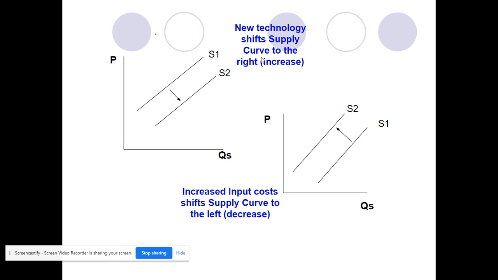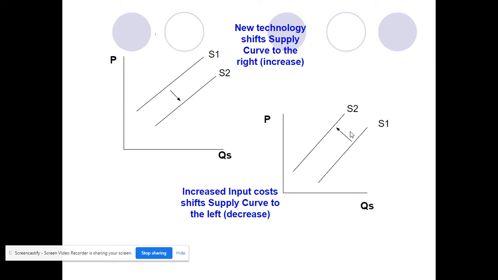Tech helps decrease the cost. You're going to get a shift of the supply curve to the right because you're able to produce more of that supply at that given price.